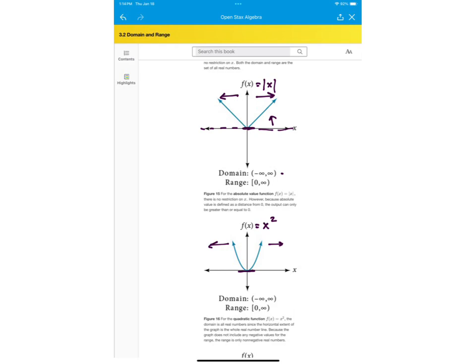It bounces. So my range is indicated as going from bottom, 0, to top, positive infinity. Good?